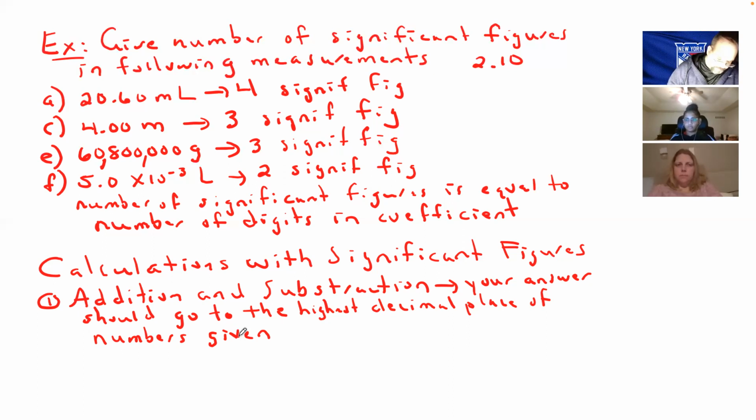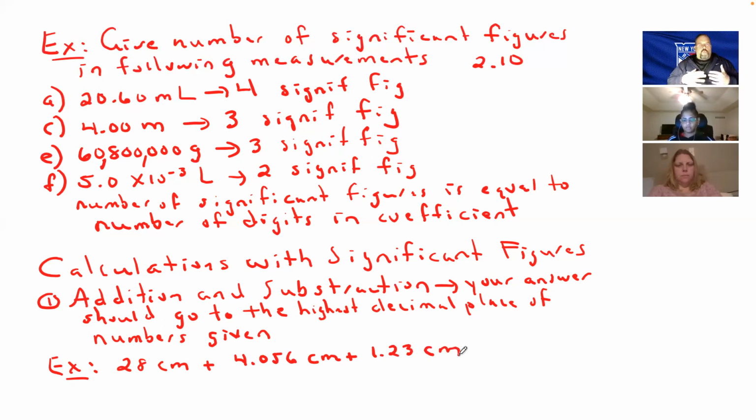So for example, if let's say you have 28 centimeters plus 4.056 centimeters plus 1.23 centimeters. When I look at these 3 numbers, I say to myself, okay, what is the highest decimal place of the numbers that are given?